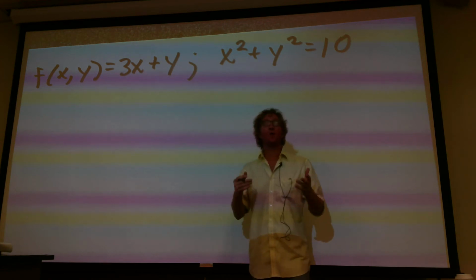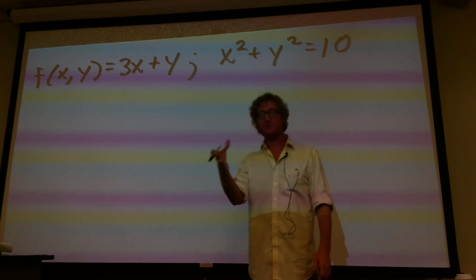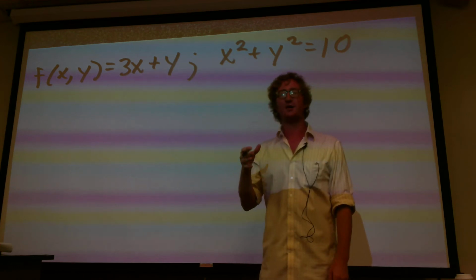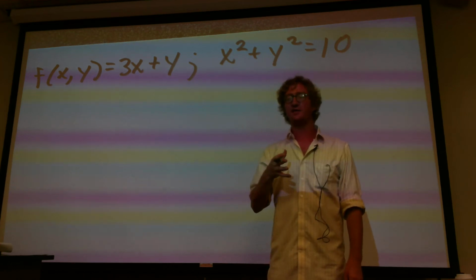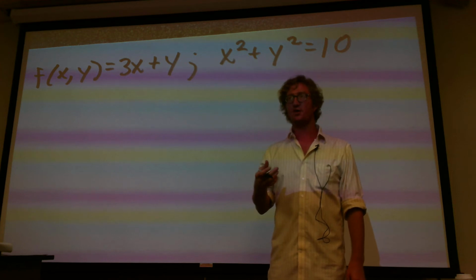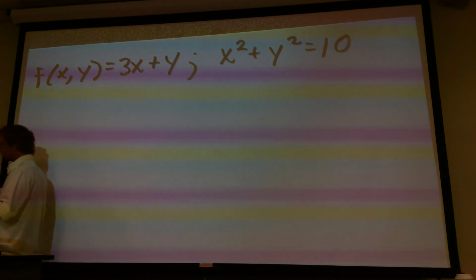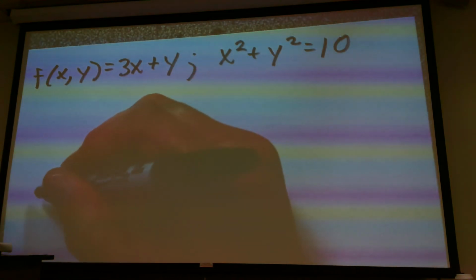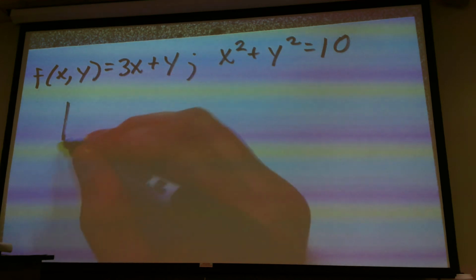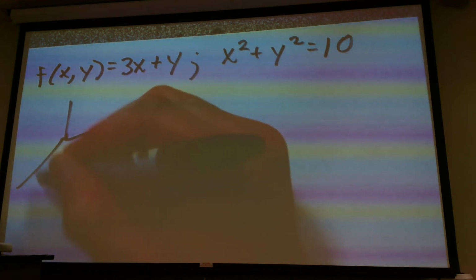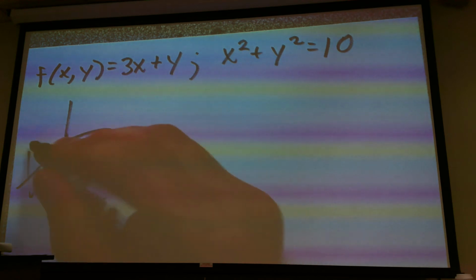Okay, so what we have for this problem is a plane and a cylinder, and so you're asking, well, let me draw a picture. So the picture is going to look something like this. So I got some type of plane.